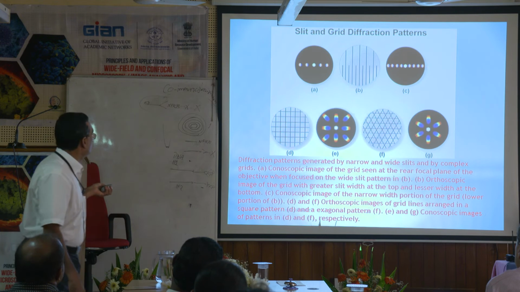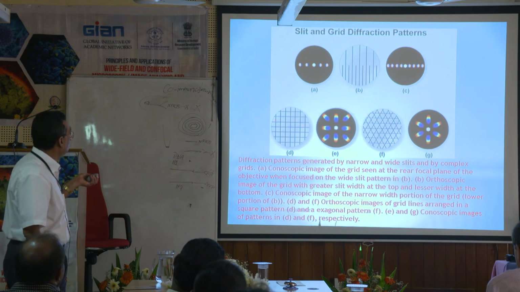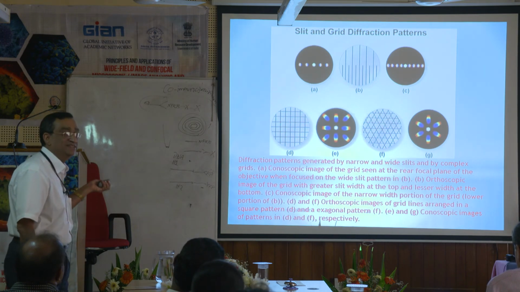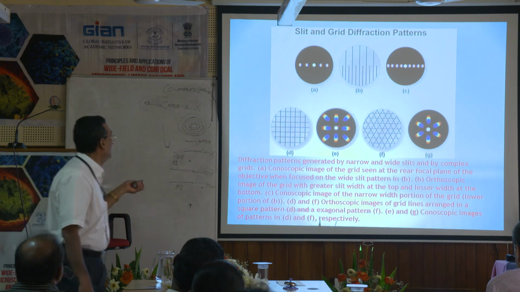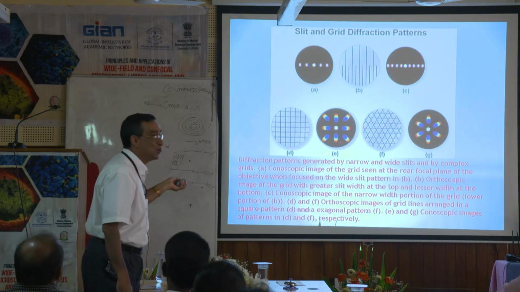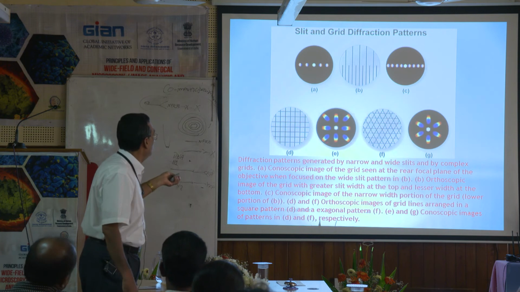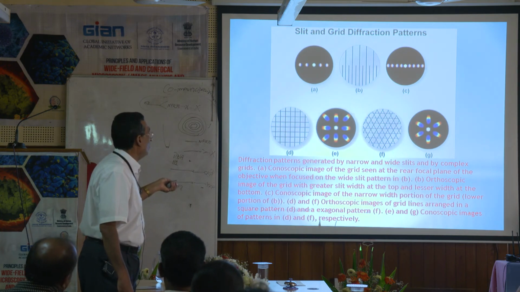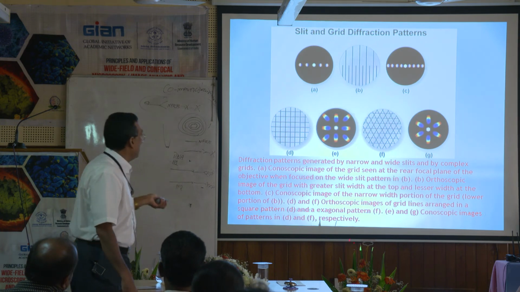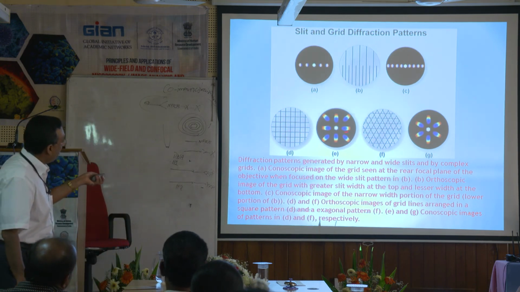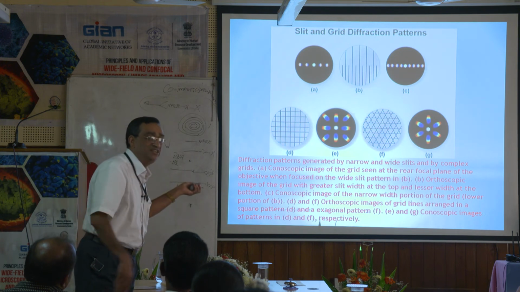And instead of this, you put a square pattern, a square grid. Immediately the image also responds. You got 3, 9. And instead of a square, a triangular grid is put.